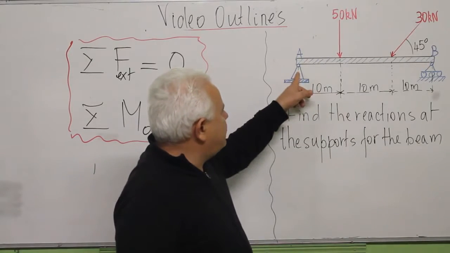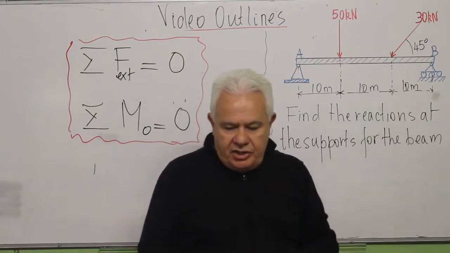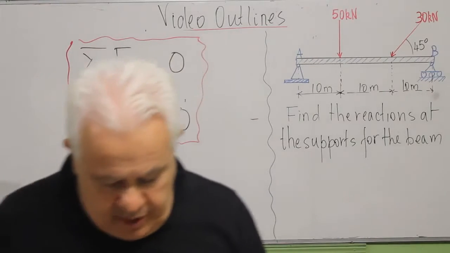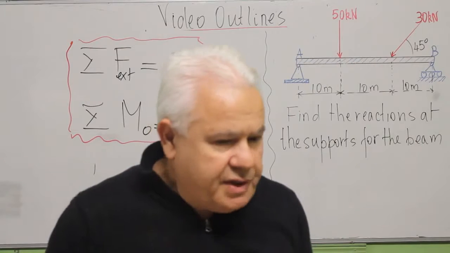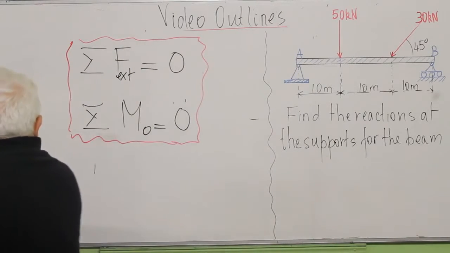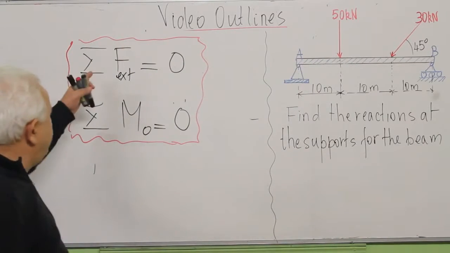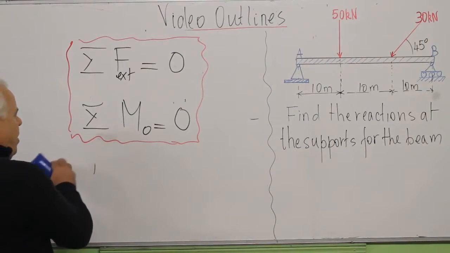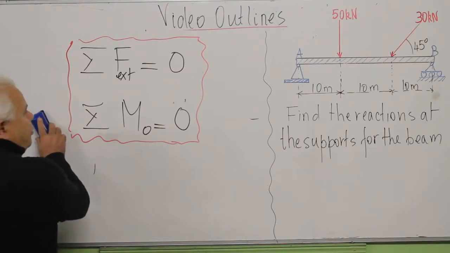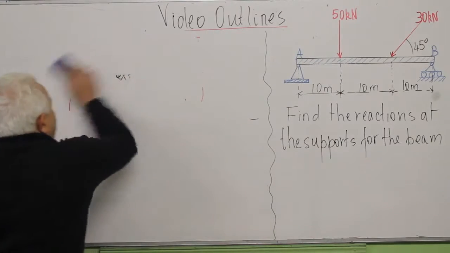That means the reaction at A and reaction at B. So how can we solve this problem? It's by using these two conditions. Sigma of the forces and sigma of the moment equals 0.